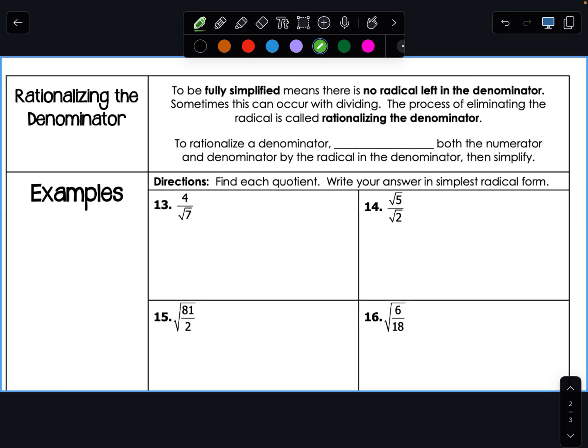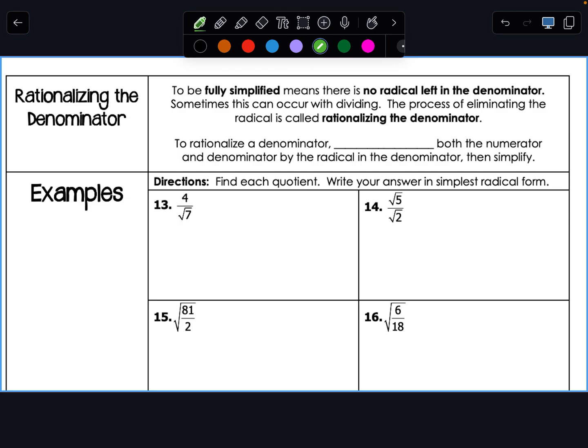There's a little blurb up here at the top. In order for your radical that's in a fraction form to be fully simplified, you cannot have a radical in the denominator of your fraction. So all of the problems we did on the first page, there was no radical in the denominator. That just happened by chance. Sometimes you will finish simplifying your problem and there will be one.